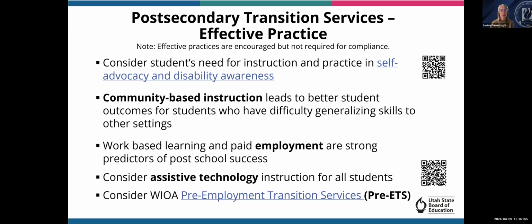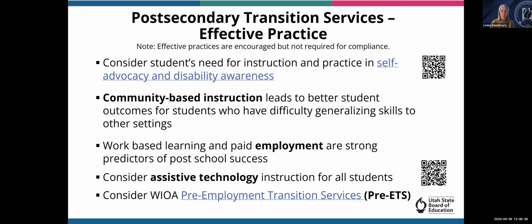It's so important that we provide work-based learning opportunities in the form of internships, paid employment ideally, which are super strong predictors that a student will have employment after they leave. We talked a little bit about assistive technology, but really making sure that we're looking at that for all students, right? Not just our students who can't use verbal language necessarily. So always consider assistive technology. And then pre-employment transition services.